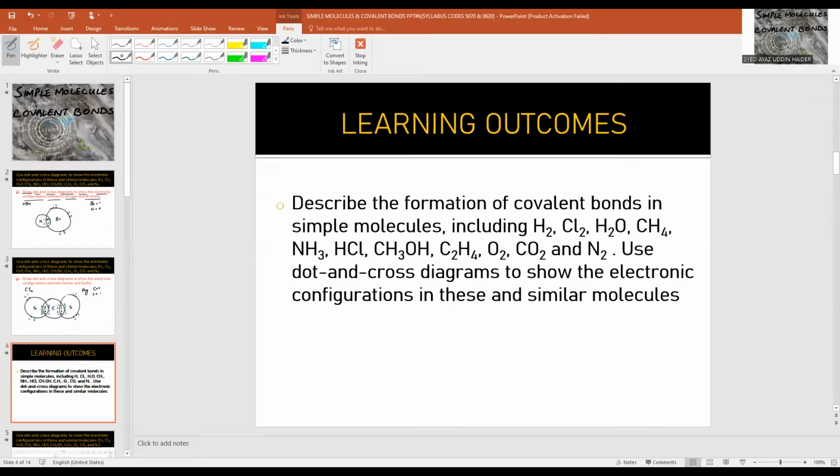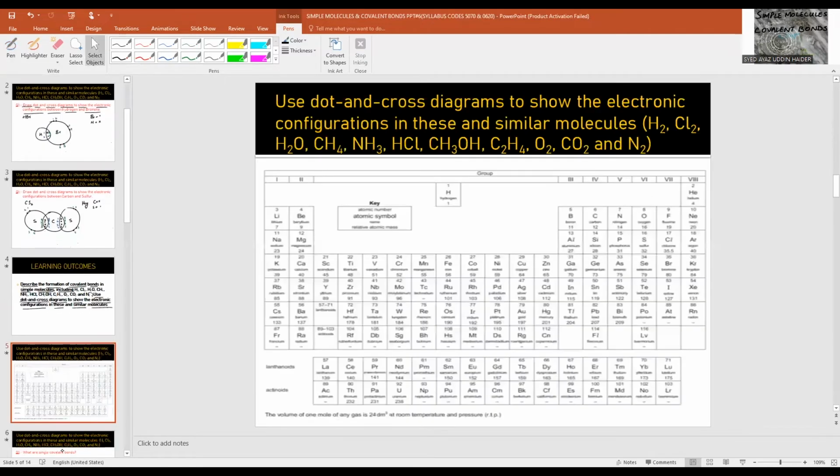Now we'll continue the lesson with the same learning outcome, which is to describe the formation of covalent bonds in simple molecules, including molecules starting from H2 and ending on N2, and use dot and cross diagrams to show the electronic configurations in these and similar molecules.